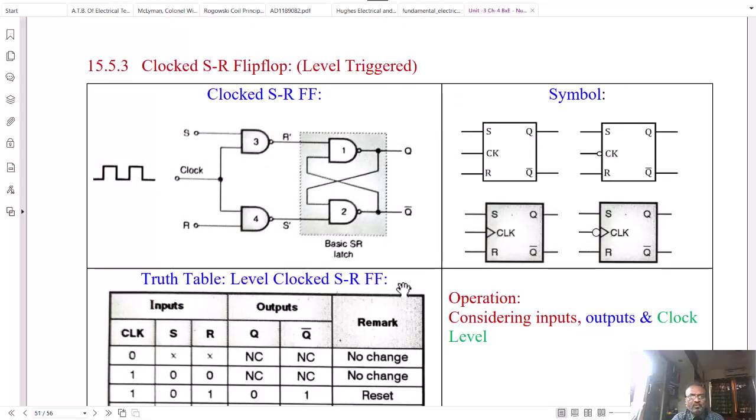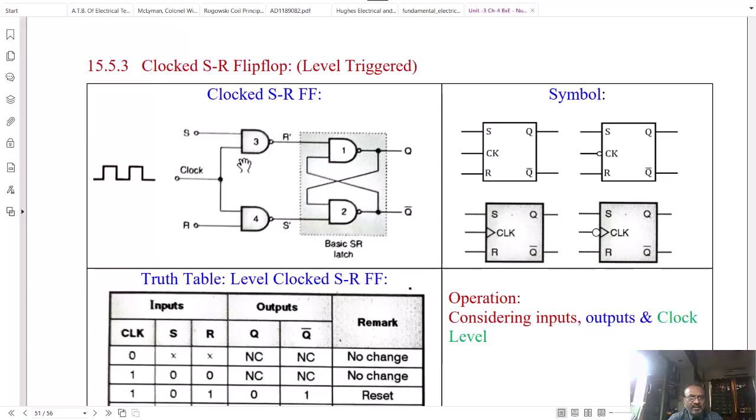Let us see how clock can be added with the flip-flop. Let us see the NAND implementation of the flip-flop. With this NAND gate implementation of the flip-flop, let us denote the input to the basic SR flip-flop as S dash and R dash.